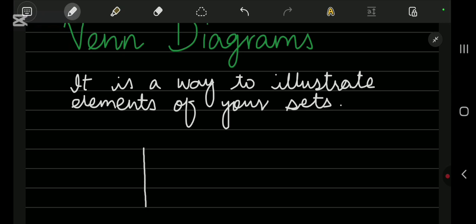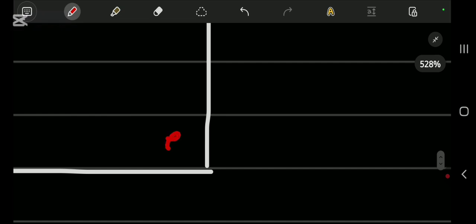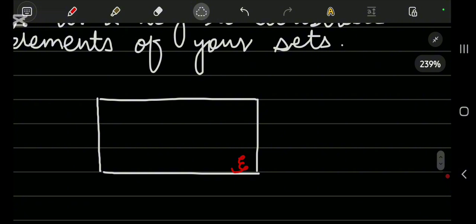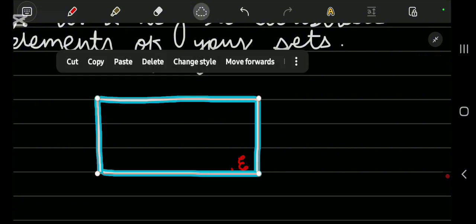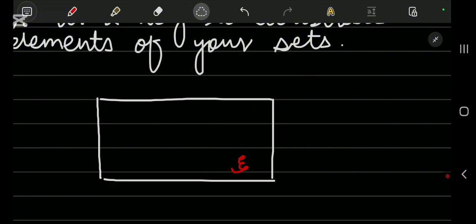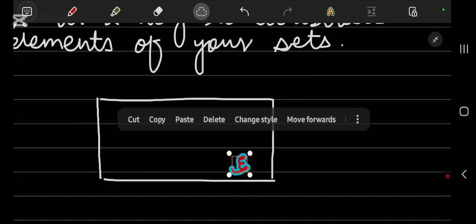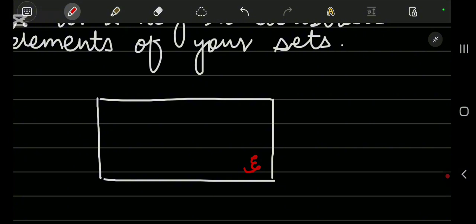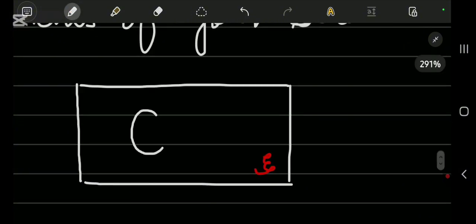A Venn diagram looks like a rectangular box, and this rectangular box represents your universal set. Inside this universal set will be your sets, shown by circles.